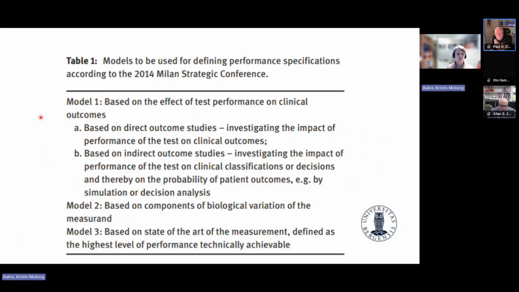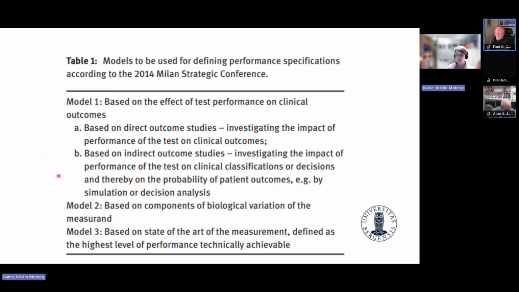The most severe or most important outcome would, of course, be disease or death. So we could imagine a study where we randomize patients to high and low analytical quality of an assay and see if that could affect death. I don't think that would be very easy to do, or maybe not even ethical, but that is the principle.